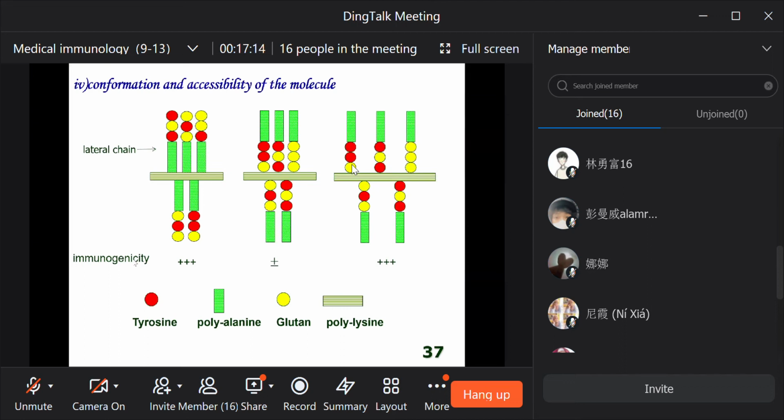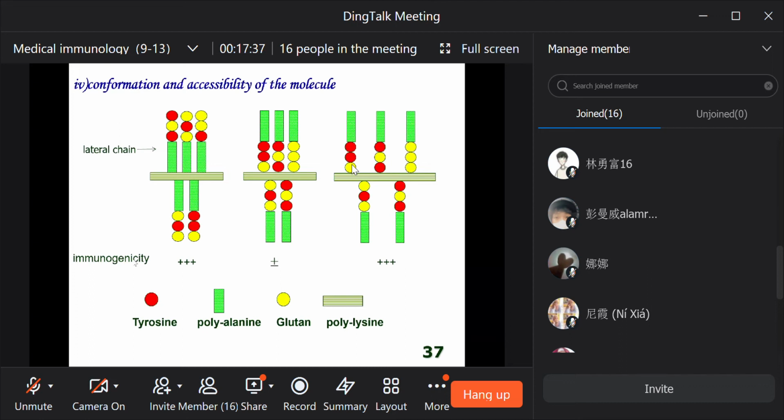So we can imagine that if they represent different antigens, the left substance and the middle substance are injected into different bodies.